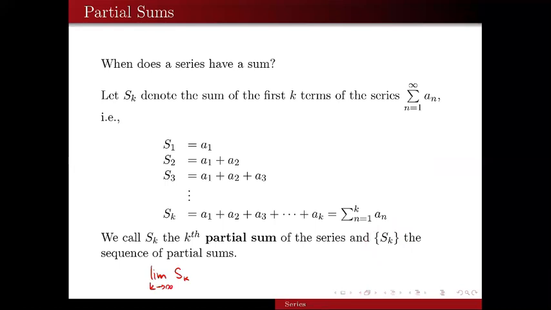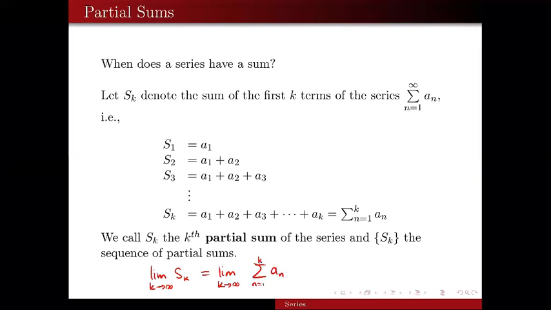Okay? And this is just a sequence, so we can solve this. We've discussed this. We know how to do limits of sequences. But notice, what does this mean? You will have the limit as k approaches plus infinity of the sum a sub n from 1 up to k.